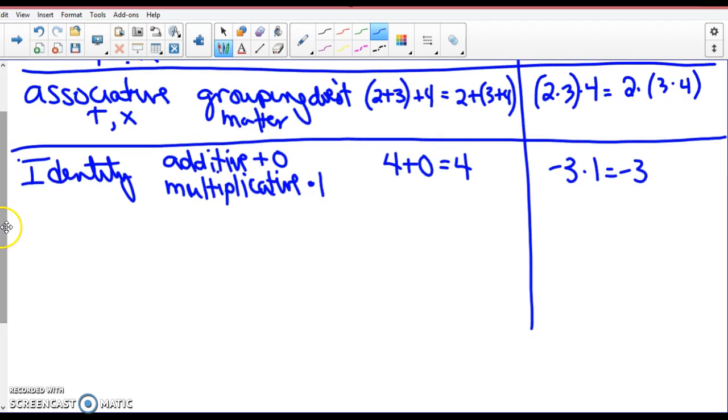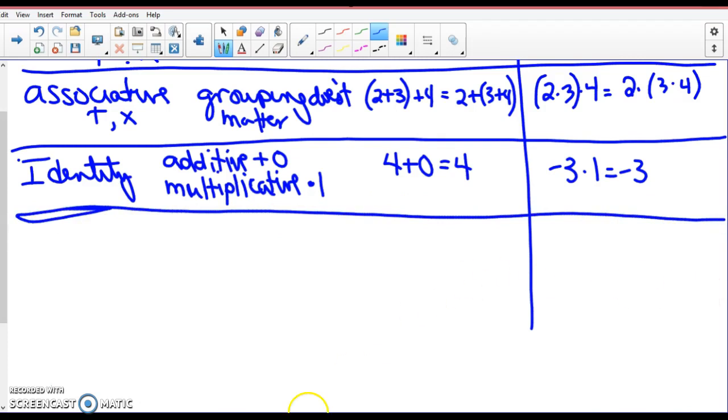Next property on here. Zero product property. What does the word product mean? Multiplication. What happens when you multiply a number by 0? You always get 0. So that is 6 times 0 equals 0.